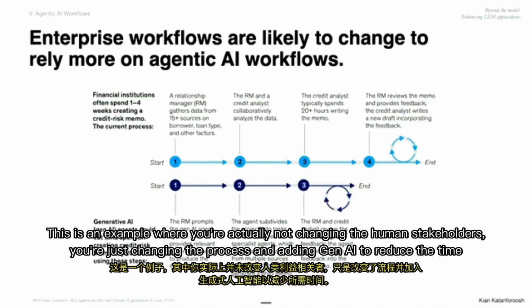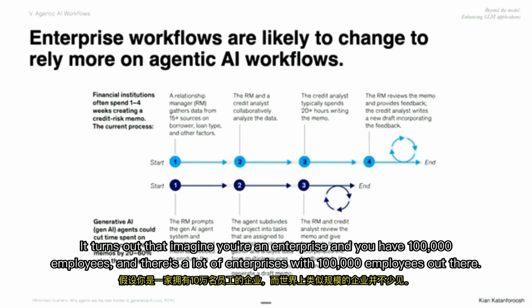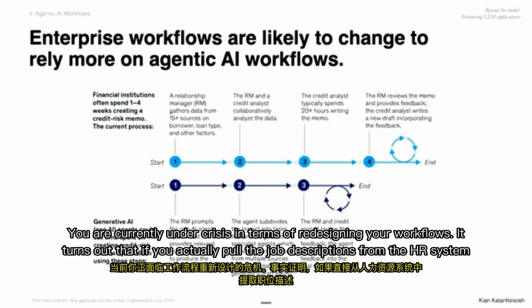And so this is an example where you're not changing the human stakeholders, you're just changing the process and adding Gen AI to reduce the time it takes to get a credit memo out. Imagine you're an enterprise with 100,000 employees, and there are a lot of enterprises with 100,000 employees out there.